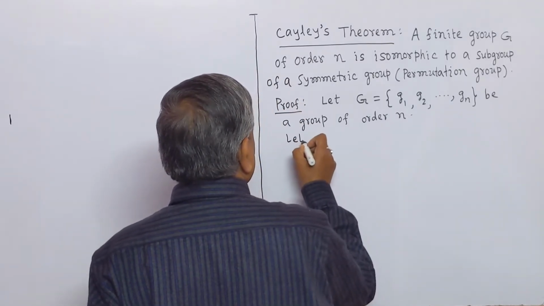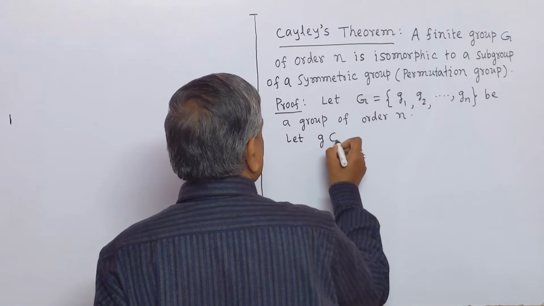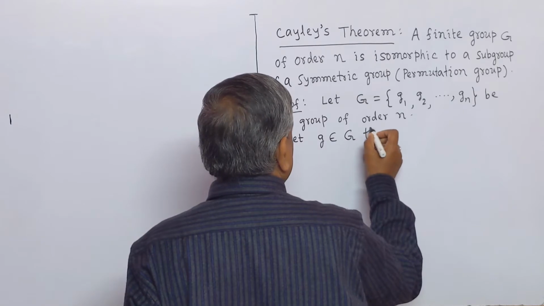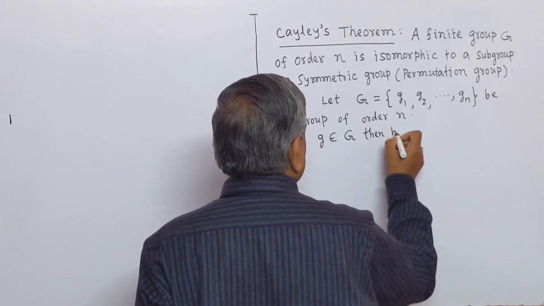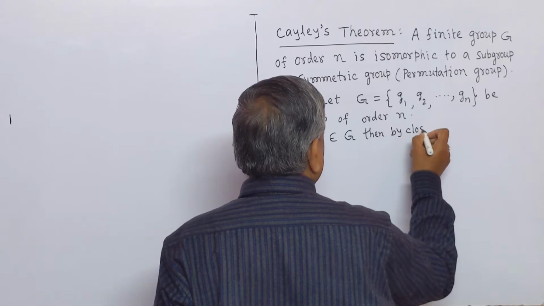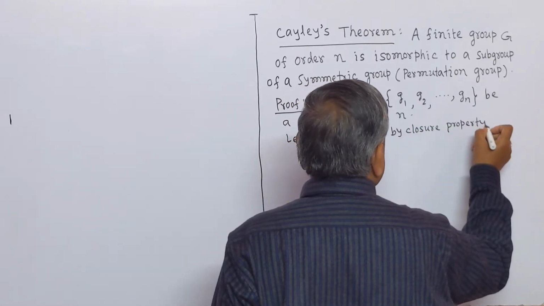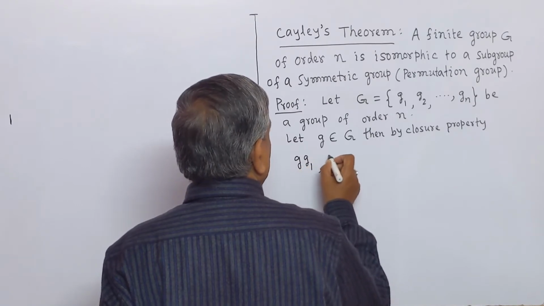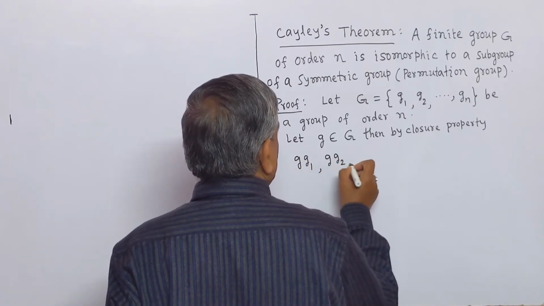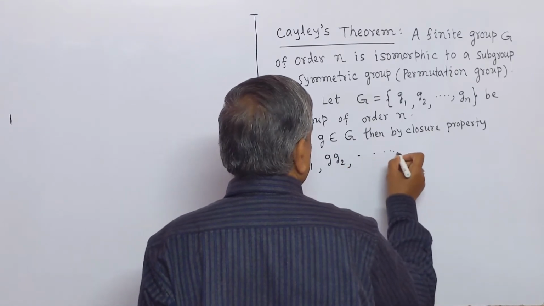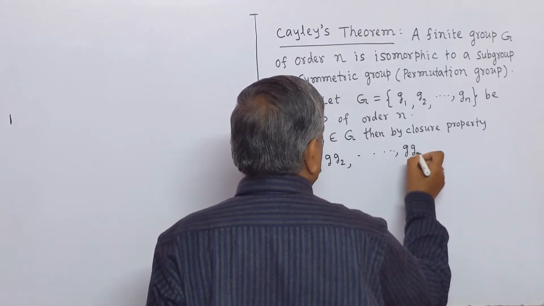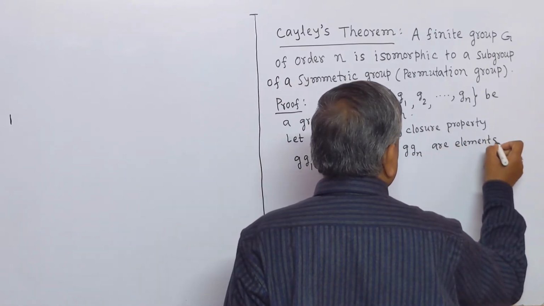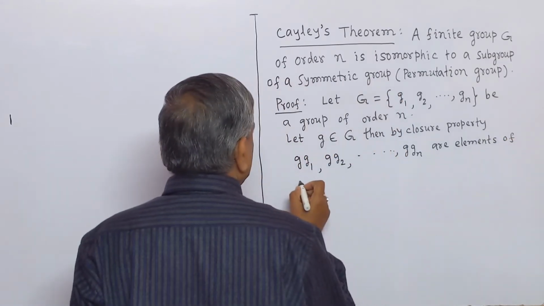Let g belong to group G. Then by closure property, gg1, gg2, ..., ggn are elements of group G.